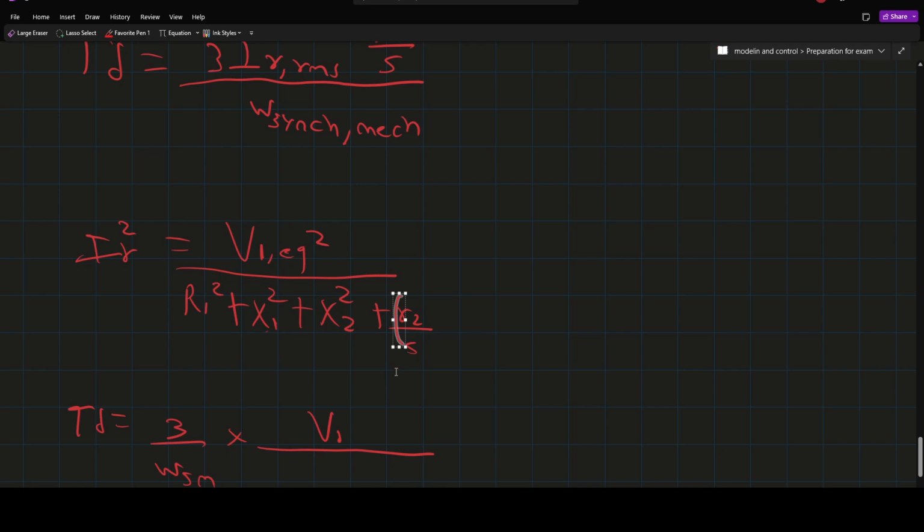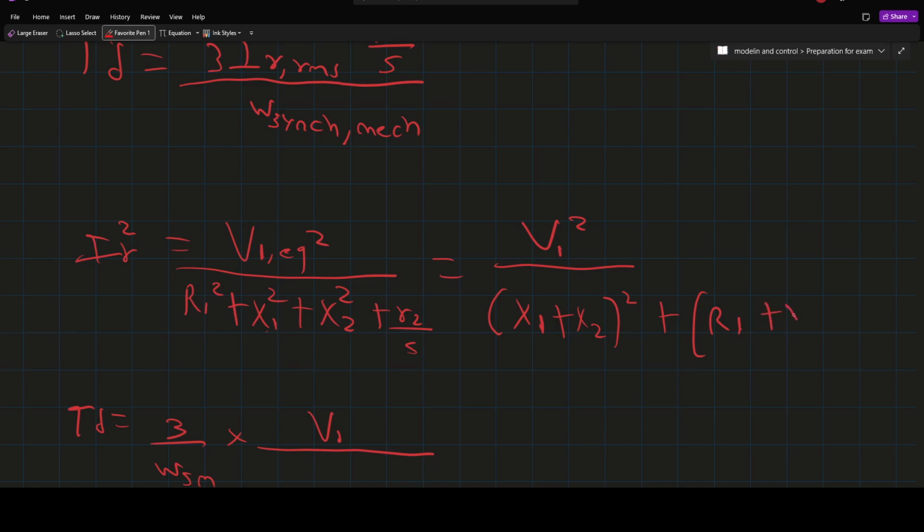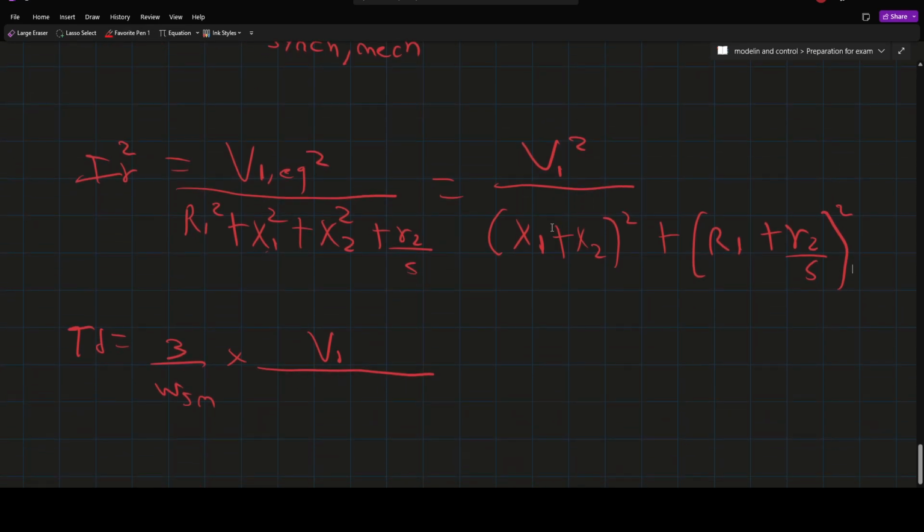Okay, so I'm just gonna clean it up a little bit so we get all our imaginary parts together. So we have V1 squared, we have X1 plus X2 squared plus R1 plus R2 over S squared. Okay, so this is our IR.